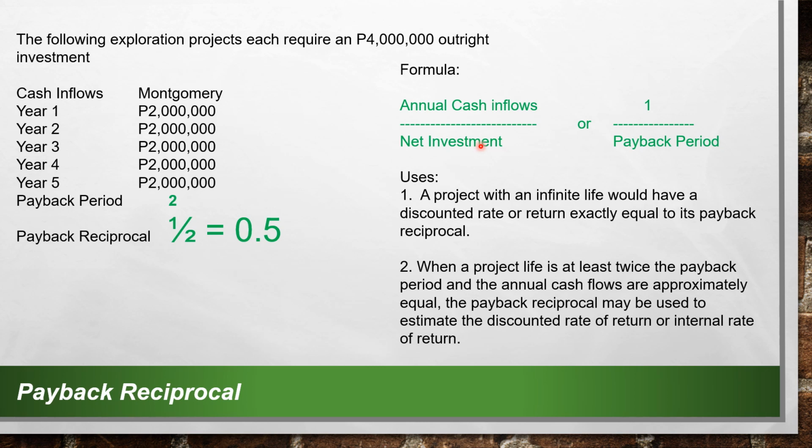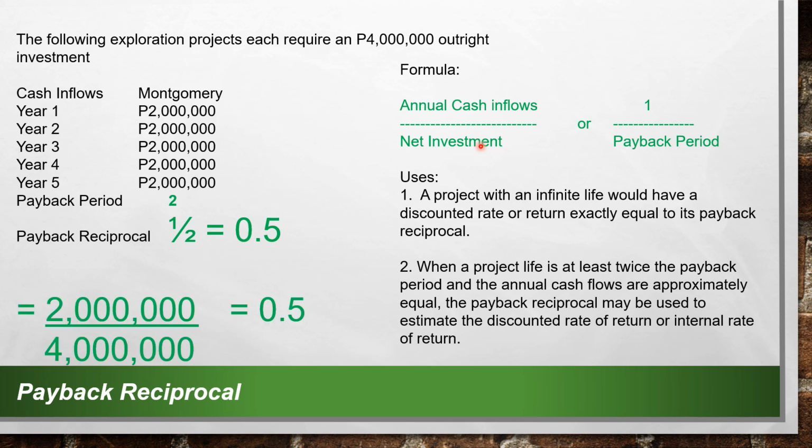That's 1 divided by 2, the payback period, or the other formula, 2 million annual cash inflows divided by cost of investment of 4 million. So we get a 0.5 payback reciprocal. So this may be used to estimate the discounted rate of return, or IRR, of the project.